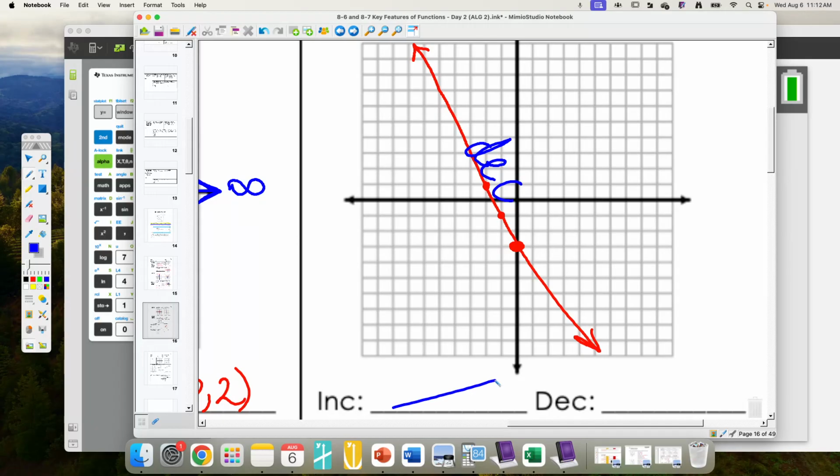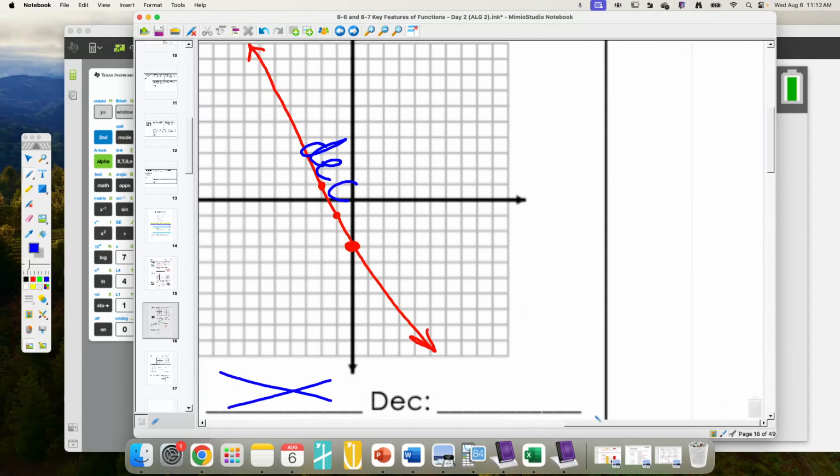Don't leave anything blank in that blank. You can put NA or you can put a slash. Just don't leave it blank, because if you leave it blank, I'm gonna think they didn't know the answer. When there's not an increasing interval, put an X, put an NA, put something to show me that there's not one.